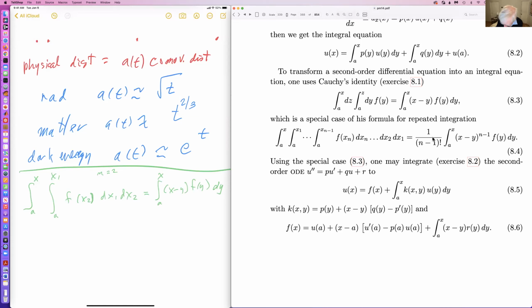Let's suppose we say f of x is equal to, all right, let's make it really easy for everybody, including me, and especially me. Let's say f of x is x. So this is an integral a to x, a to x1, x2 dx1 dx2. Well, what is that thing there?